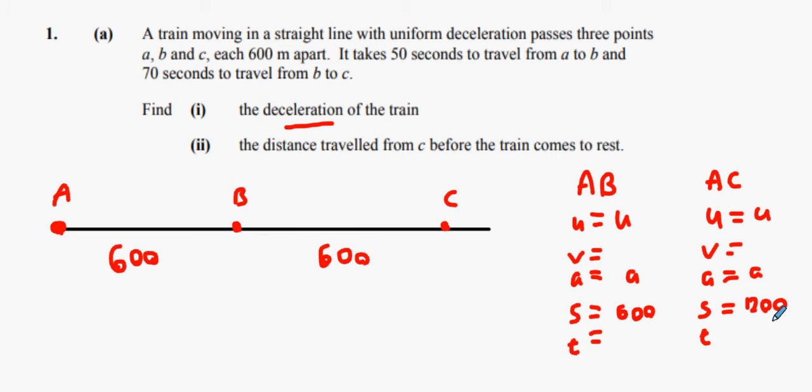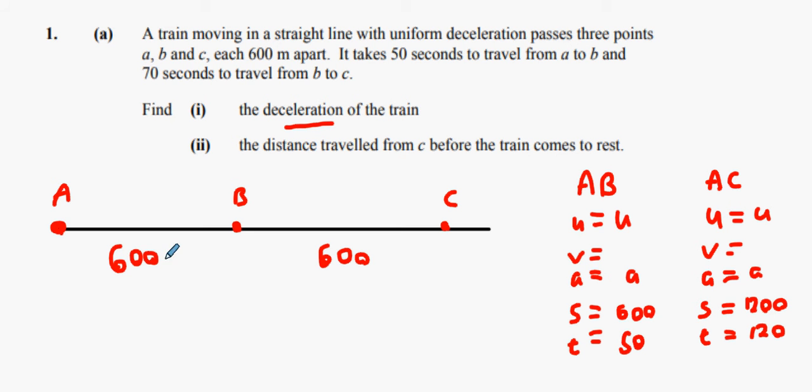Actually, sorry, we know the times, don't we? 50 seconds from A to B, so that means 50 for this one. And then from A to C, it's 50 plus 70 to get you your 120. If you went for BC, you'd have to find a new U value, and you actually can't do it, so there's no point going that route.